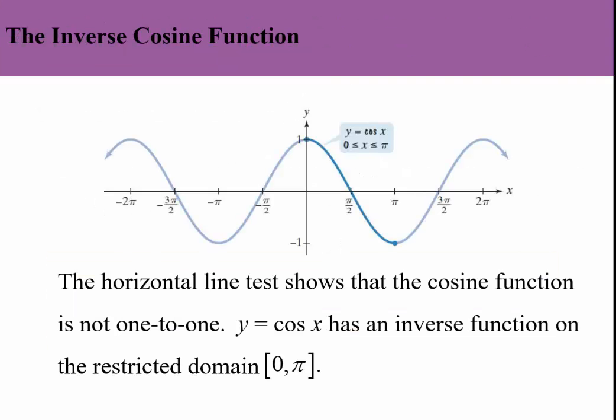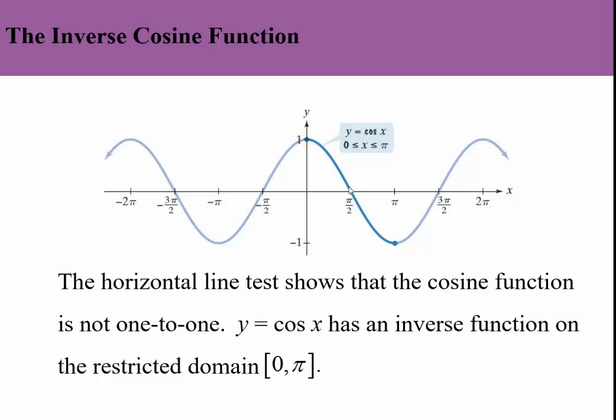We'll see. All right, next up to bat, we're going to look at the inverse cosine function. So we've got the cosine function here that we have graphed in the past, and the horizontal line test here shows that the cosine function is also, if we went across here, not one-to-one. So where is it one-to-one? Well, on the cosine function, they chose the x values between 0 and pi radians here.